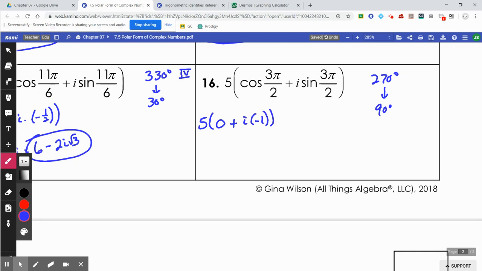So 5 times 0 is going to be 0. You don't even have to put it. 5 times negative 1 will be negative 5i. So again, that is a quadrantal angle, negative 5i. If you were to look at it on the real imaginary axis, it would be down here at negative 5. And you can see that this would have an angle of 270 degrees, and it does have a radius indeed of 5.